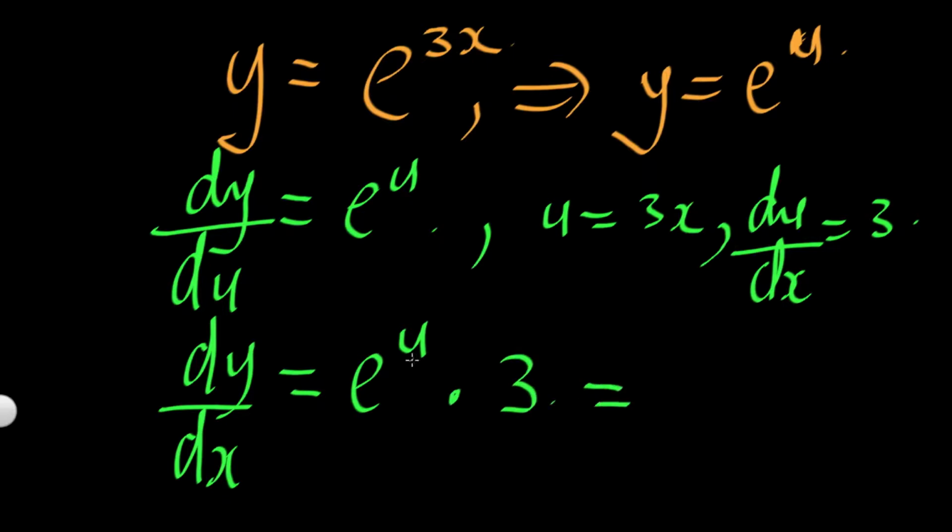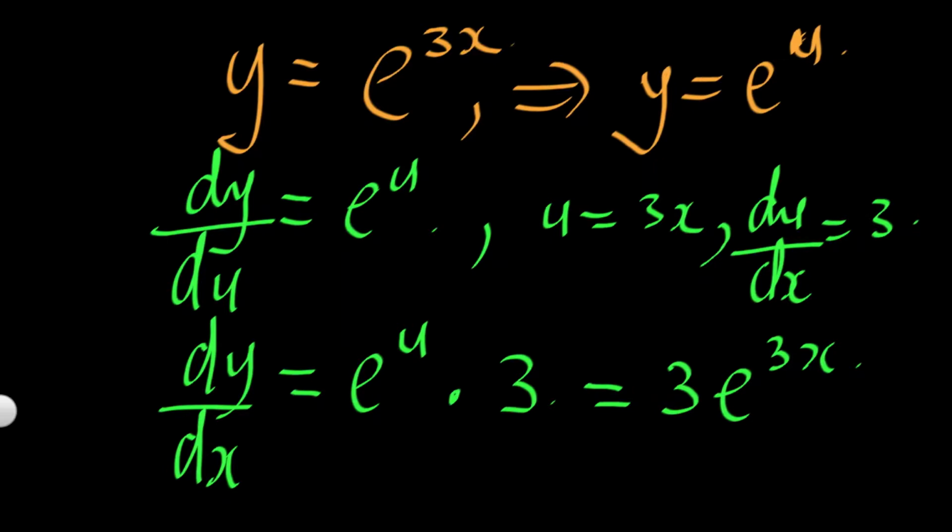But this u here is actually 3x. So we can substitute and we get our answer as 3e to the power of 3x. This is our final answer, and this kind of question is an application of the chain rule once again.